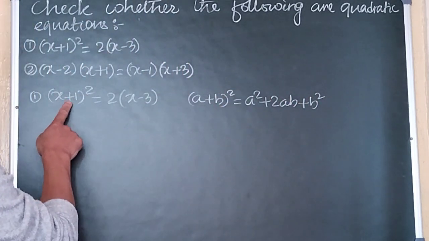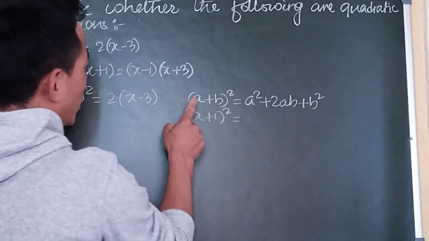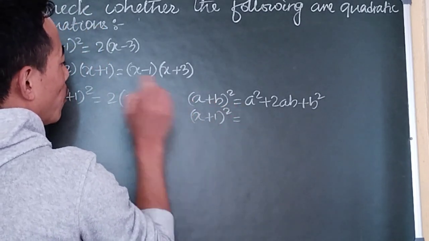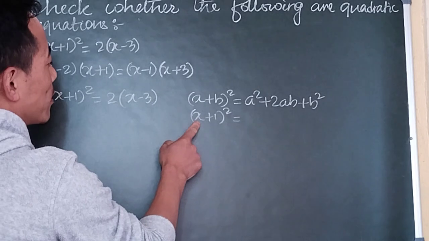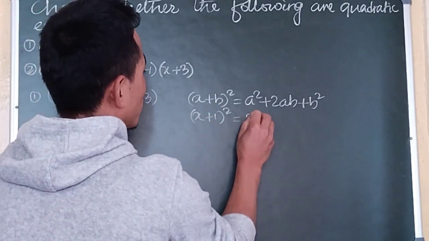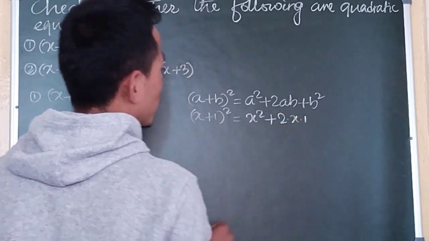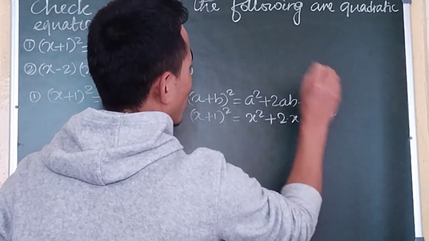So here we have x plus 1. Instead of a we have x, instead of b we have 1. So wherever you have a, write x, wherever you have b you write 1. So expanding this we will get x squared plus 2 into x into 1 plus 1 squared.